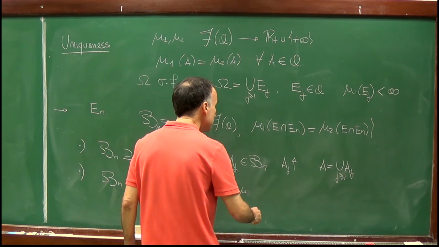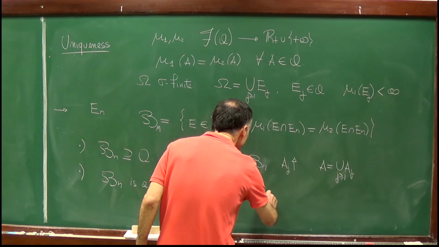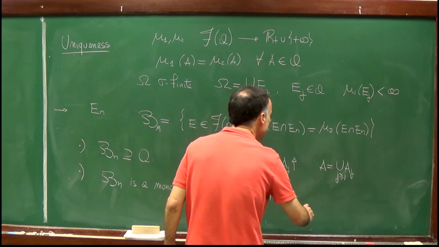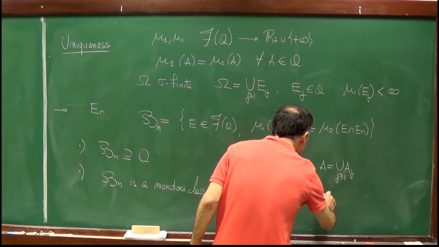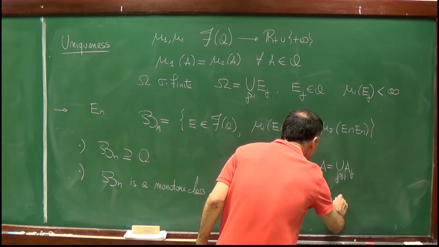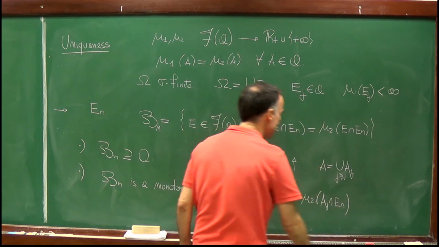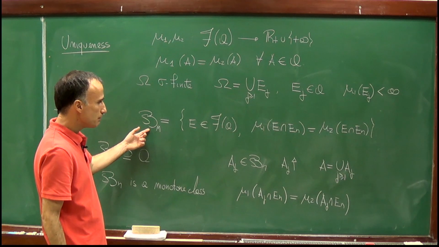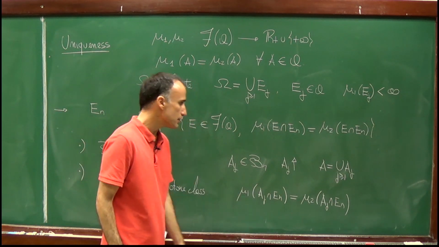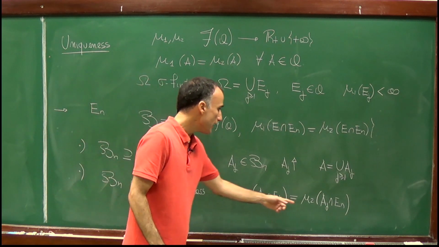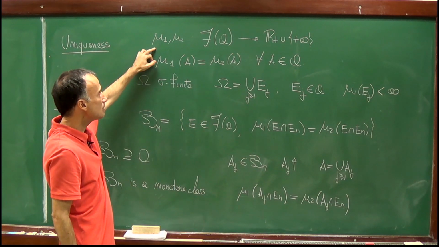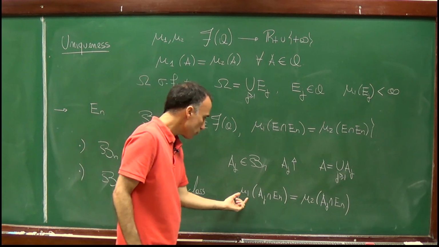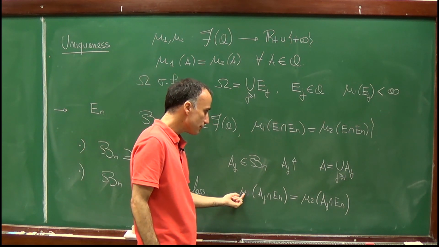This means that mu1 of Aj intersection En is equal to mu2 of Aj intersection En. This is just by definition of Bn. Since Aj belongs to Bn, these two quantities are equal. Now, mu1 and mu2 are sigma additive functions defined on the sigma algebra. So, since they are sigma additive, they are continuous from below.